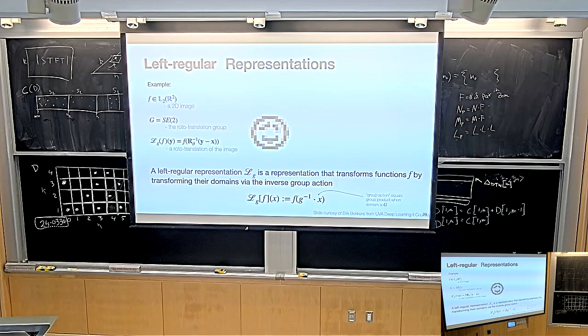Now we have some group, some transformation group. Let's say we have the group of rotations. The group of rotations has an effect on an image. It is perfectly reasonable to state, I want to rotate this image by 90 degrees. When we want to formalize this, we say we have the space of functions over R2, which in our case might be images.